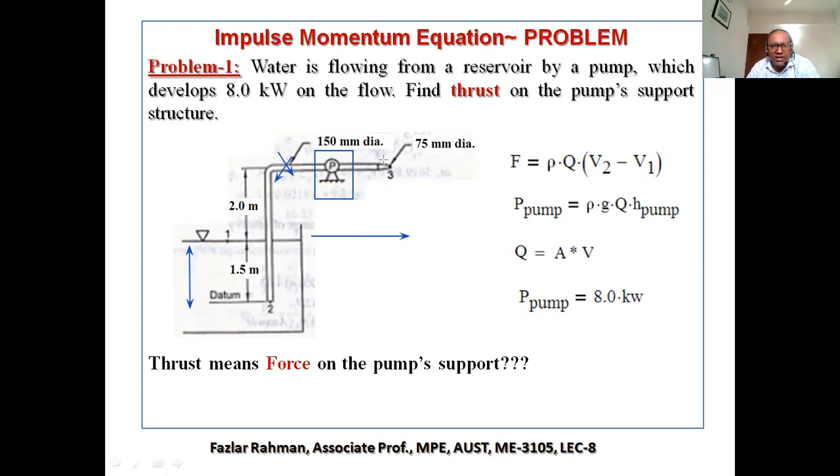But at the outlet, instead of a pipe, they are using a nozzle, say 75 millimeter diameter. So this is the figure.